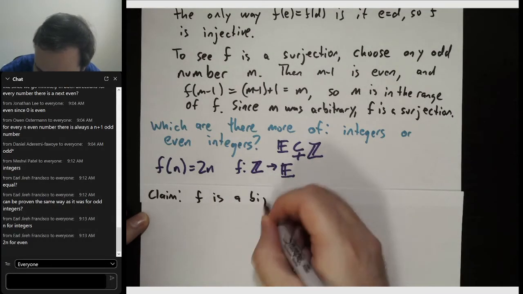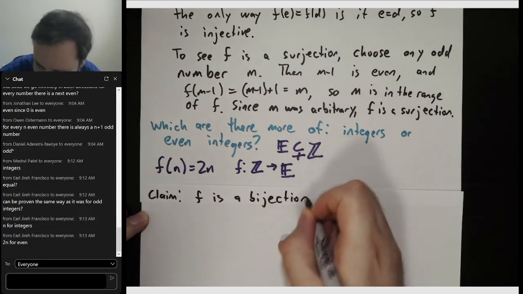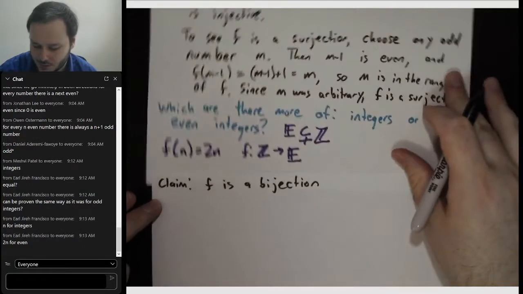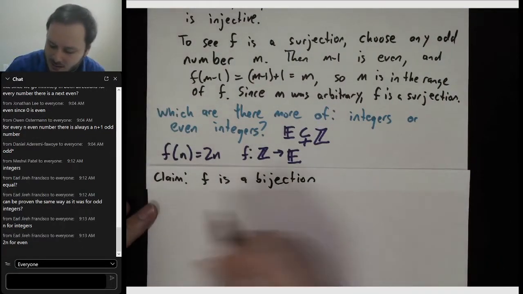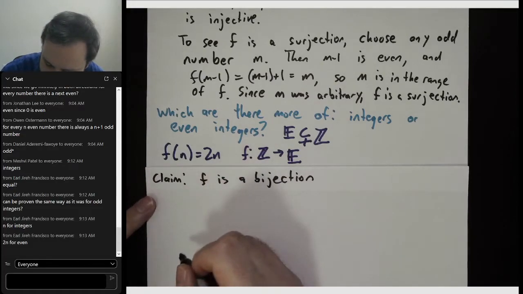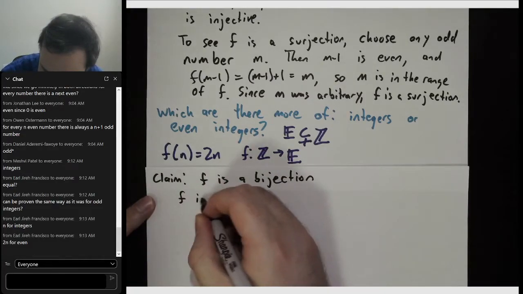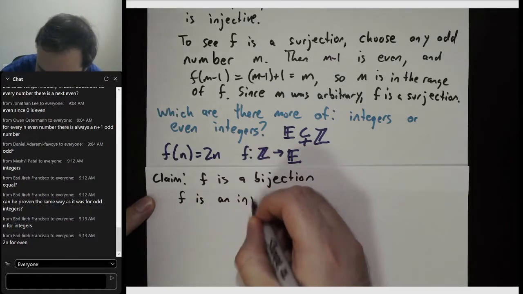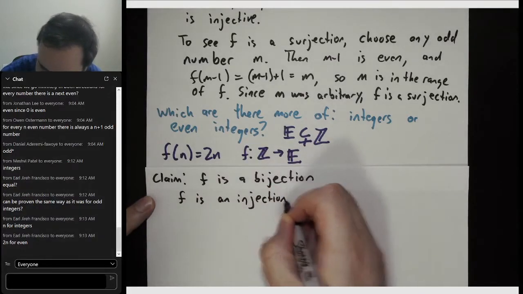Let's prove that. Claim that f is a bijection. f is an injection. How do I check that?